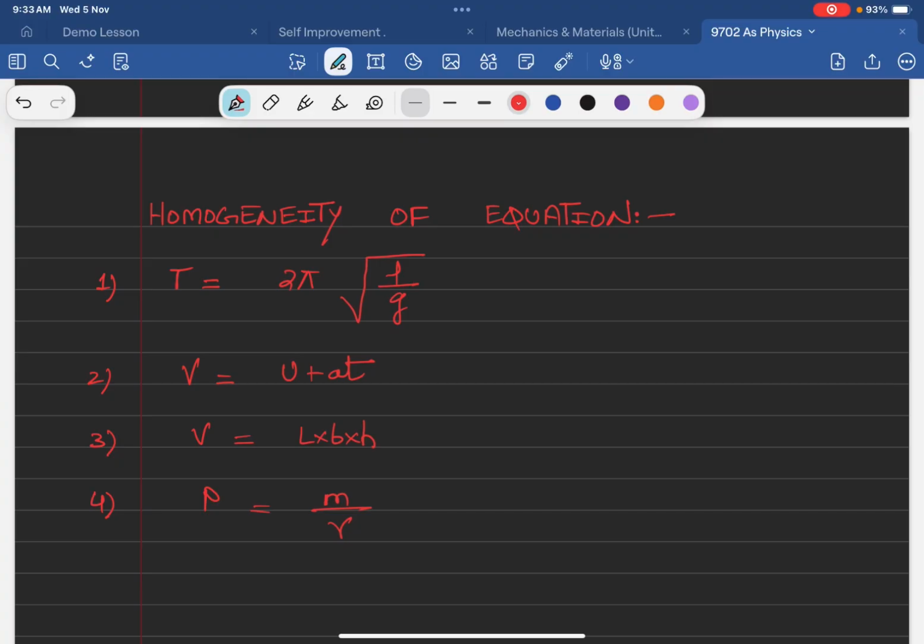So we often come across many equations in physics, but how can we check whether the equation is homogeneous or not?